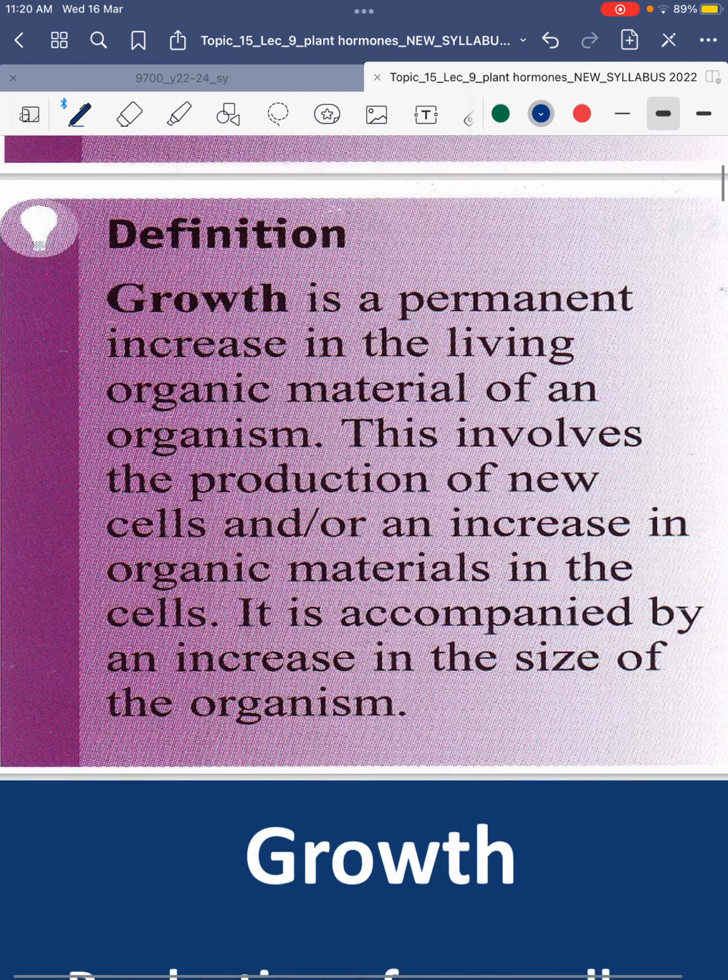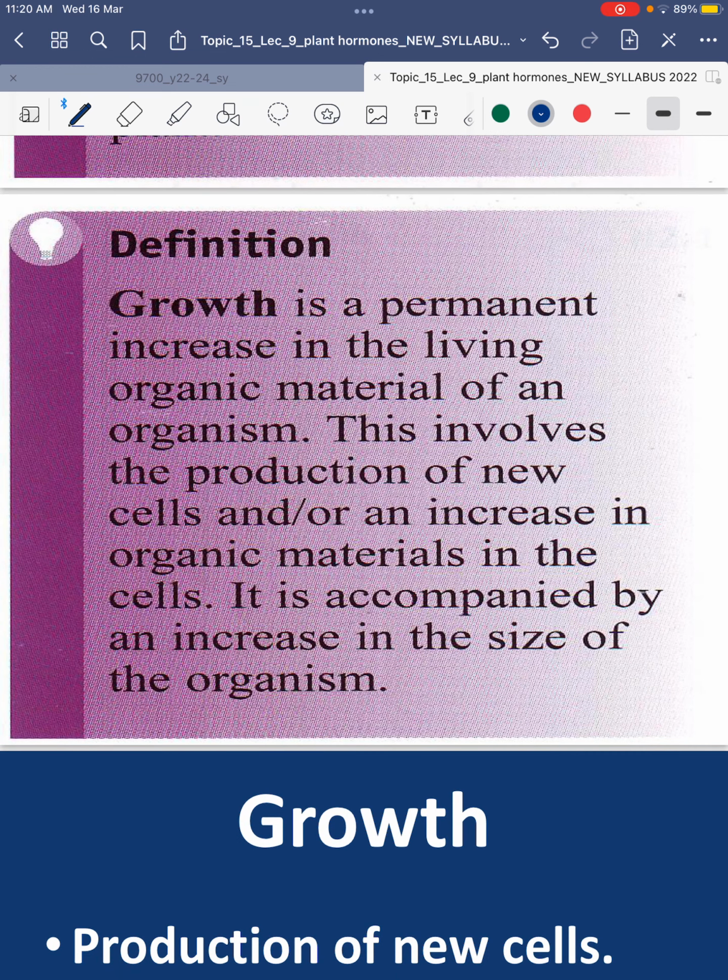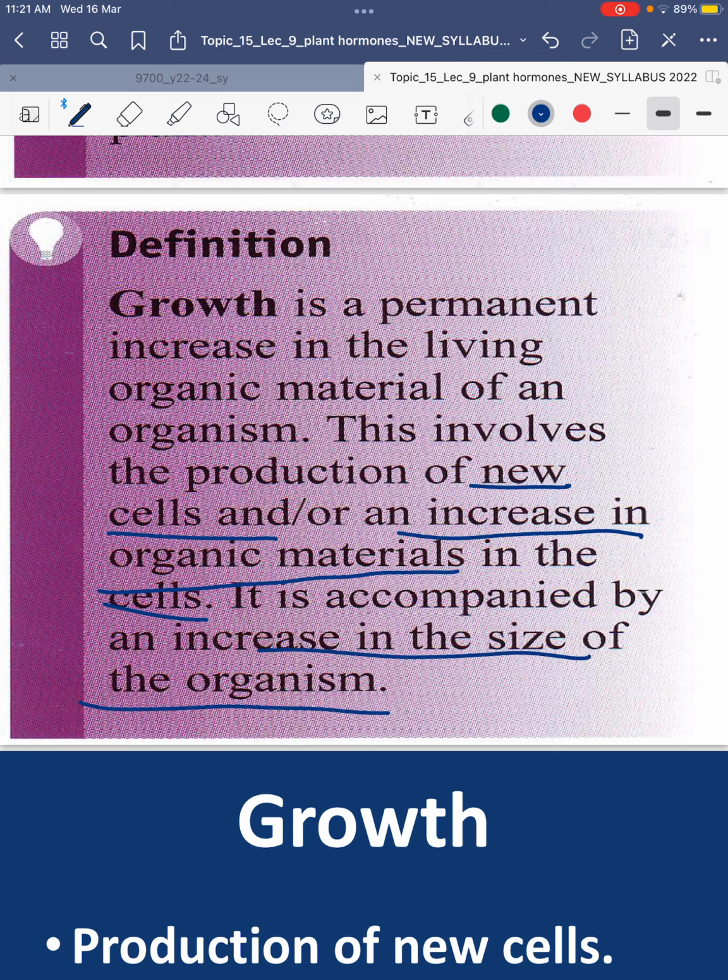Okay, and then definition of growth is a permanent increase in the living organic material of an organism. This involves, what is growth? Production of new cells, increase in organic materials in cells, or increase in the size. So that's the meaning of growth.